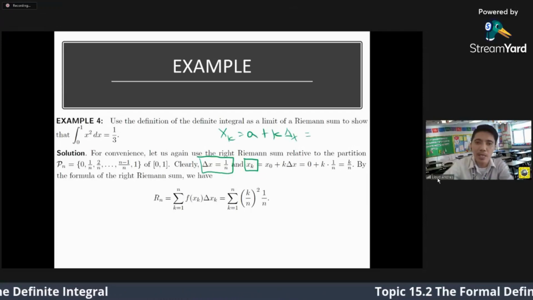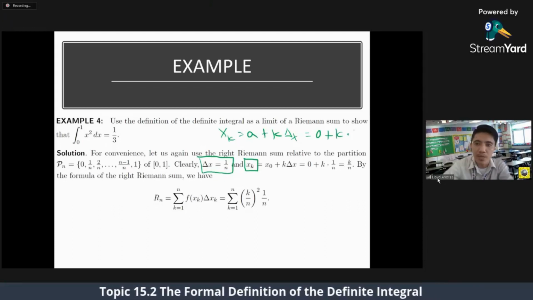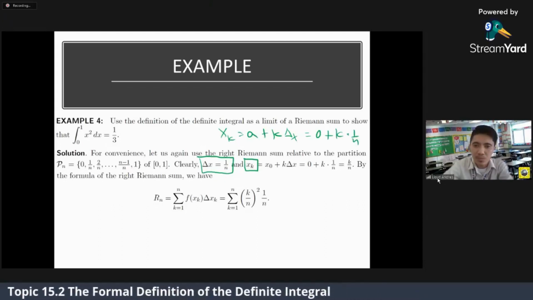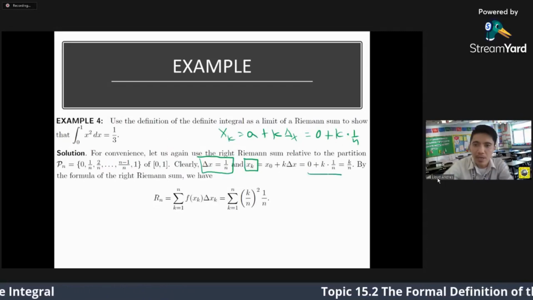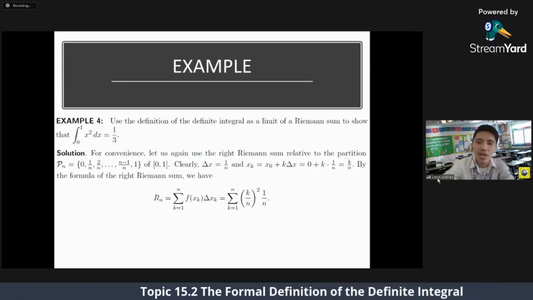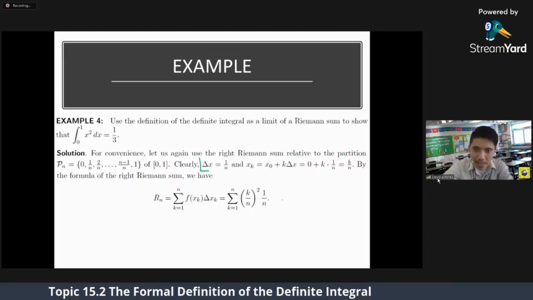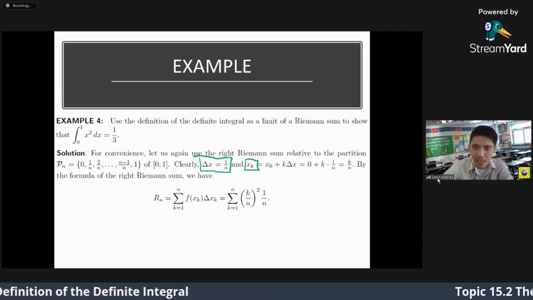So ang a again is 0 plus k, tapos ang delta x na to is 1 over n. So 0 plus k times 1 over n, ang final answer is k over n. So naana atong mga kailangan ang delta x na 1 over n, ang x sub k na k over n.